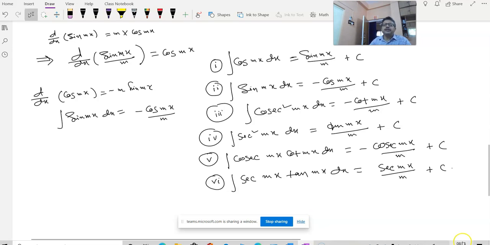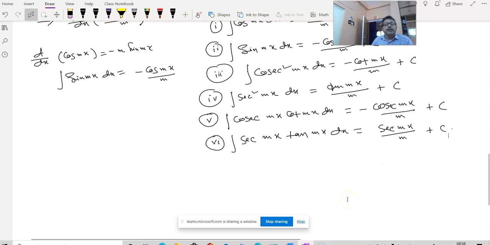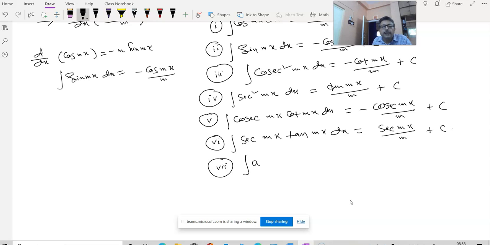and the exponential one, other formulas like x to the power n, keep it unchanged, dx unchanged, log x, dx by x, keep it unchanged, only this one. And the exponential one, like if you have a to the power mx dx, there I forgot to write the a to the power x formula, please add it if I forgot to write over there: a to the power x by log a base e plus c.